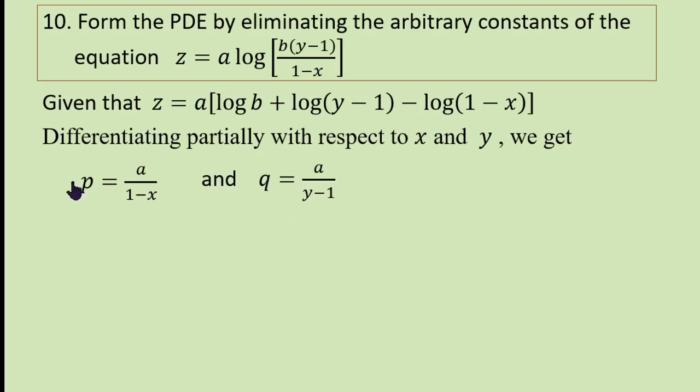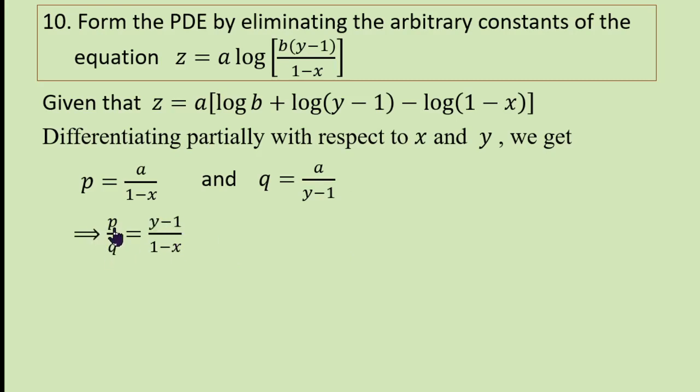Just divide these two. P divided by q, a cancels, 1 by (1 minus x) divided by 1 by (y minus 1), or 1 by (1 minus x) into (y minus 1). So p by q is (y minus 1) by (1 minus x).